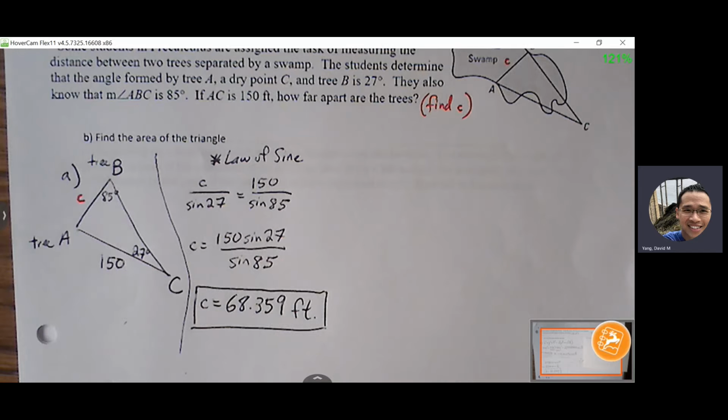Okay, issues with number 4? Everybody good with 4?